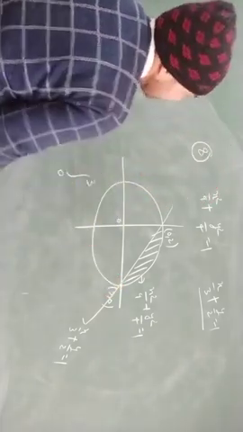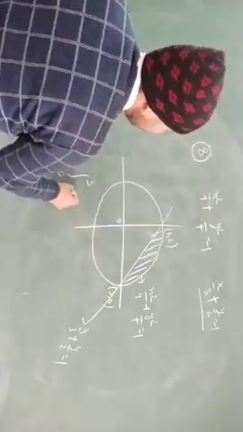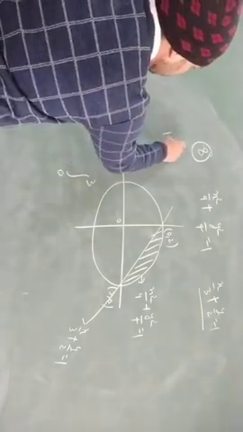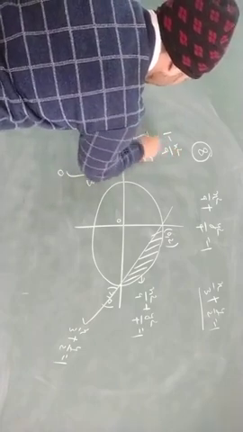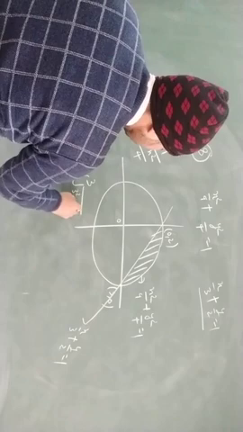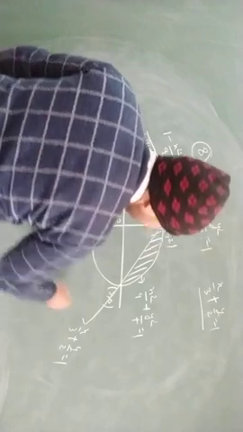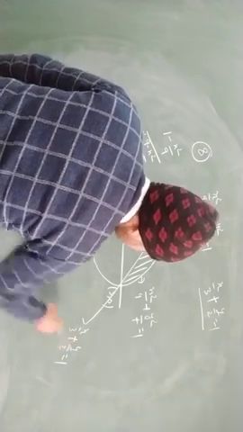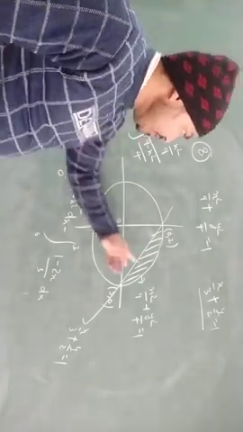Convert the ellipse equation into the form of y: y equal to 2 root of 1 minus x square by 9, that is 2 by 3 under root 3 square minus x square, dx, minus the integration over 0 to 3 of the equation of the line, 2 times 1 minus x by 3. After solving this value, we get our final result.